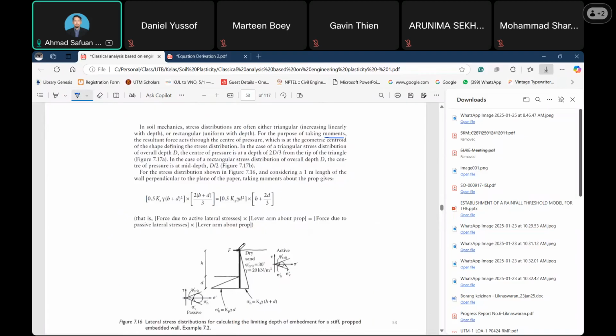For this case, the author used the point F as the datum. That is why it is H plus D times 2/3, while for the passive it is plus 2D/3.